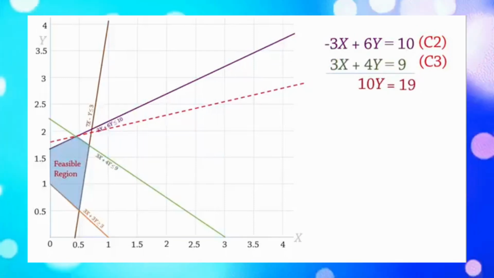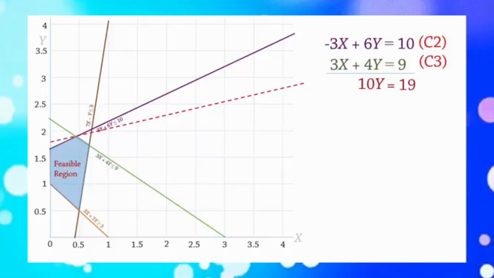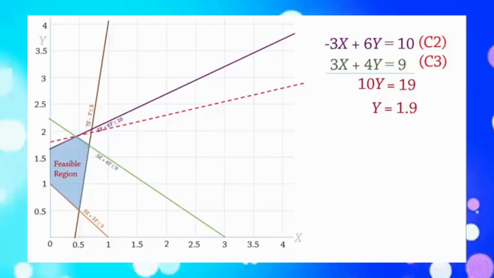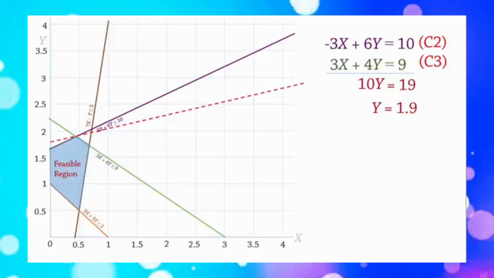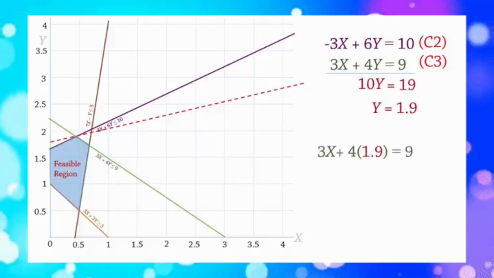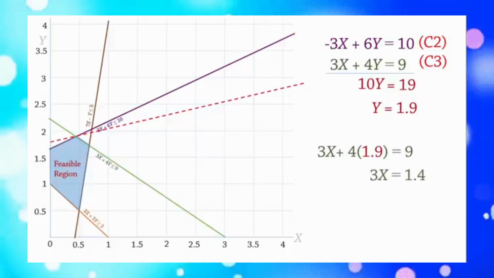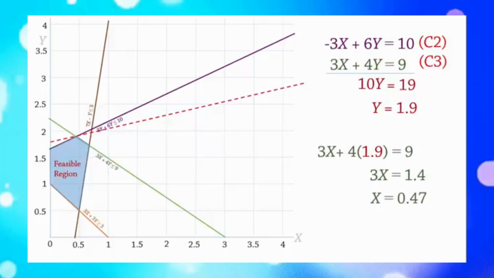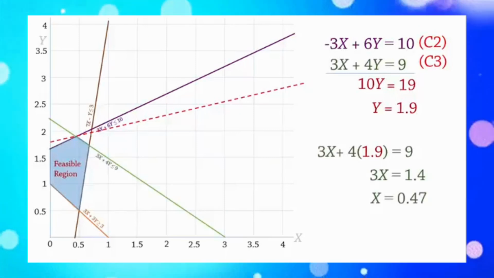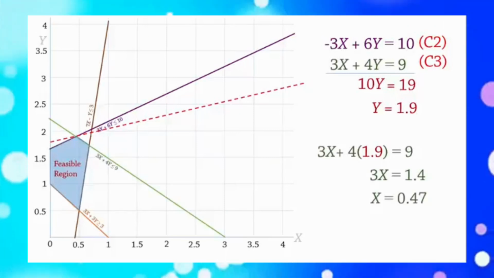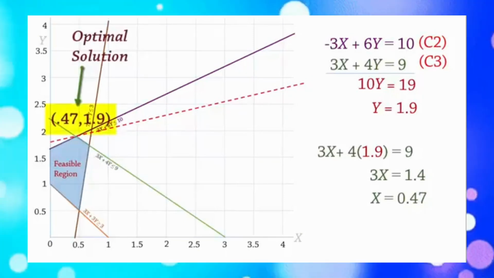On dividing both sides by 10, we have y equals 1.9. Substituting that value of y in C3, we have 3x plus 4 times 1.9 equals 9. That is, 3x equals 1.4 and x equals 0.47. So the optimal solution is x equals 0.47 and y equals 1.9.